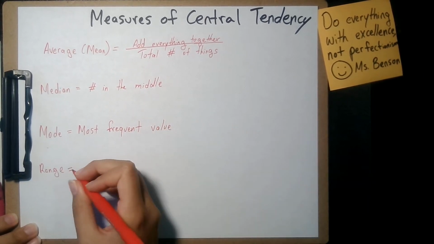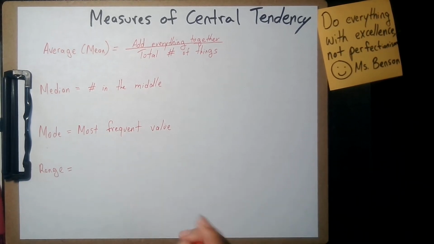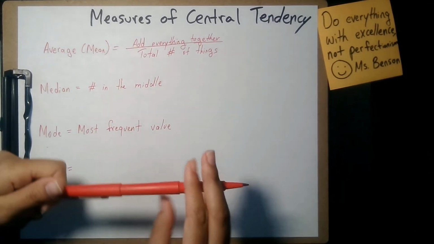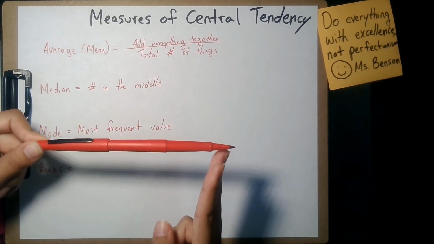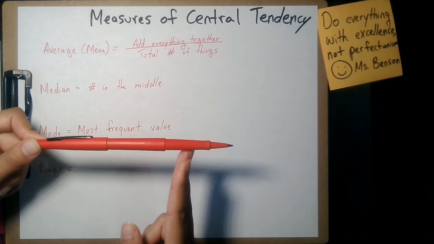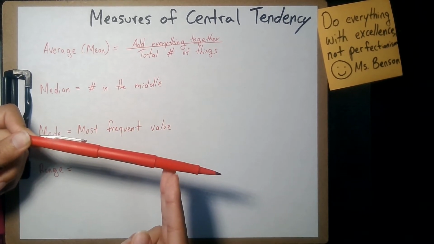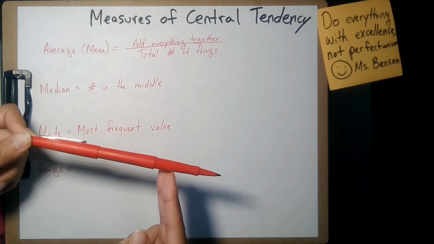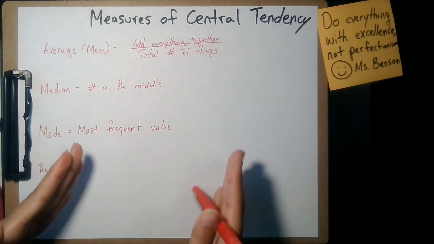And then the range. Let's say that I am going to cut a pipe between 4 inches to 5 inches. So I have a range truly from the beginning to the end.